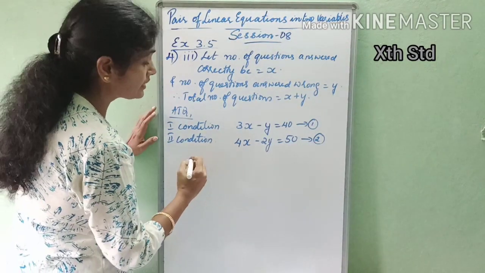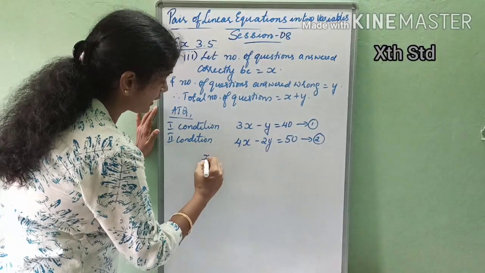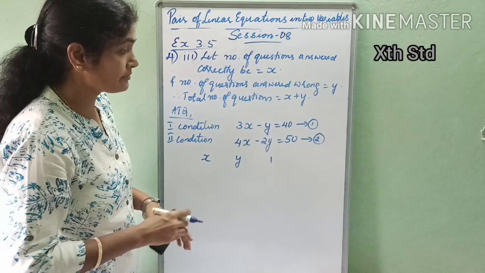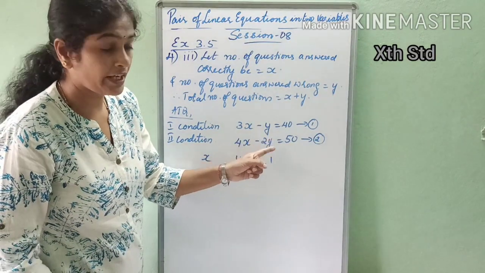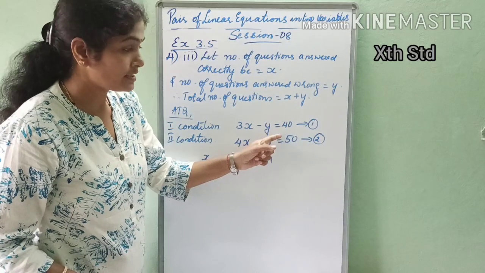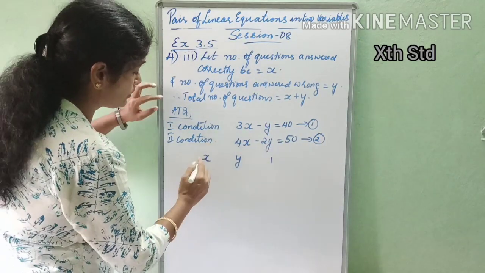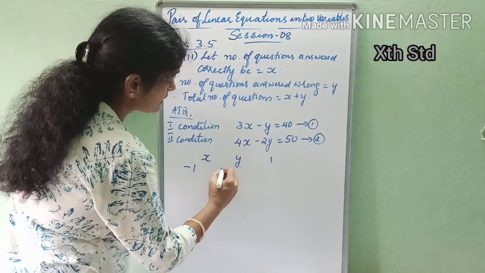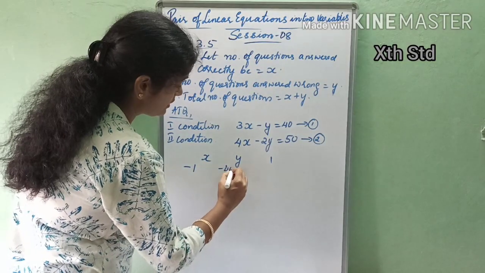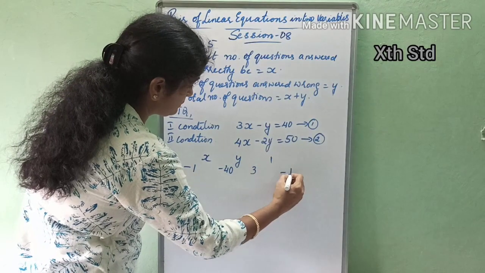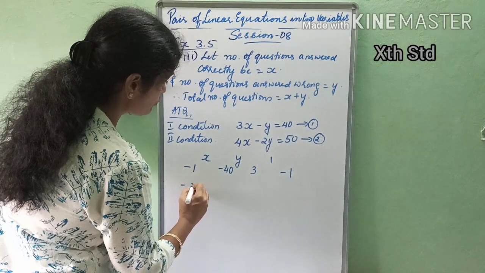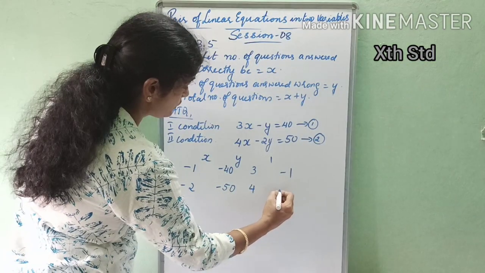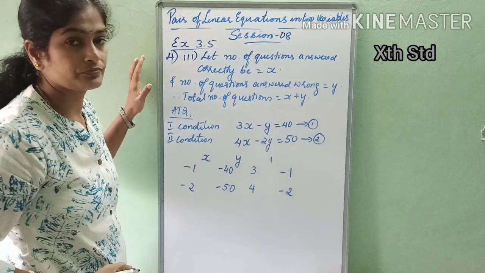Let's try to do it by the cross multiplication method. x, y, 1. Before cross multiplication, we have to be careful that this is written in the standard form. Then here b1, c1 is minus 40, a1, b1. Then b2, c2, a2, b2. Fine.